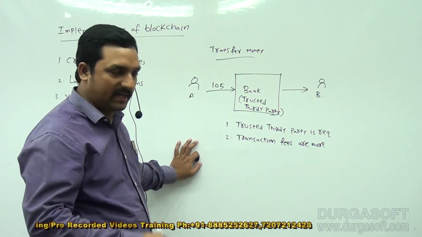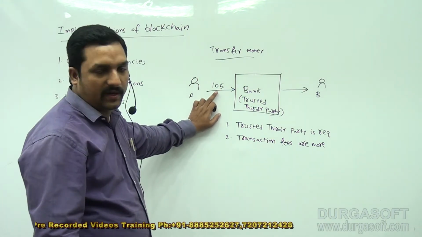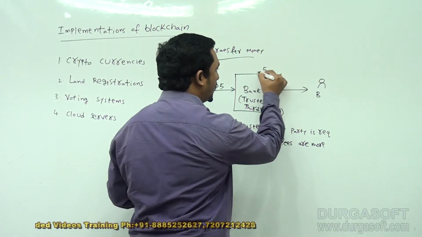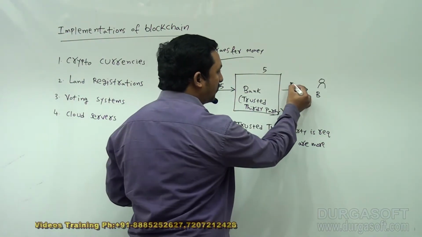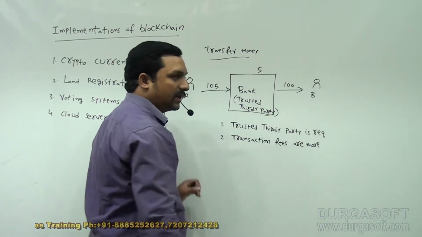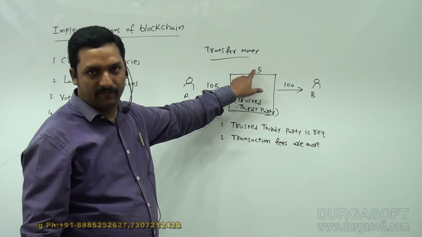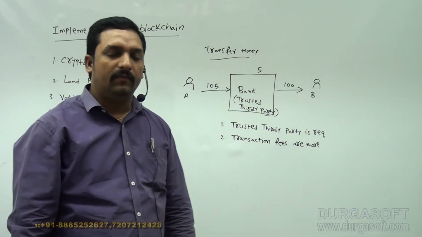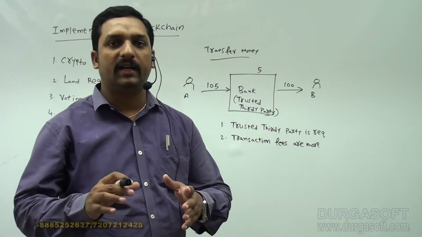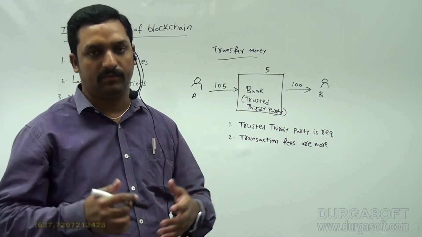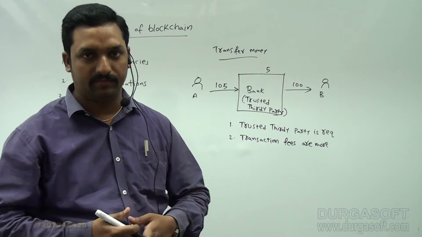Additionally, tax will be added. 105 rupees we are trying to transfer. These 5 rupees will be given to the bank. Only 100 rupees will be given to the particular target person. So, this is what you can call transaction fees. When you transfer from country to country, the transaction fees are more.